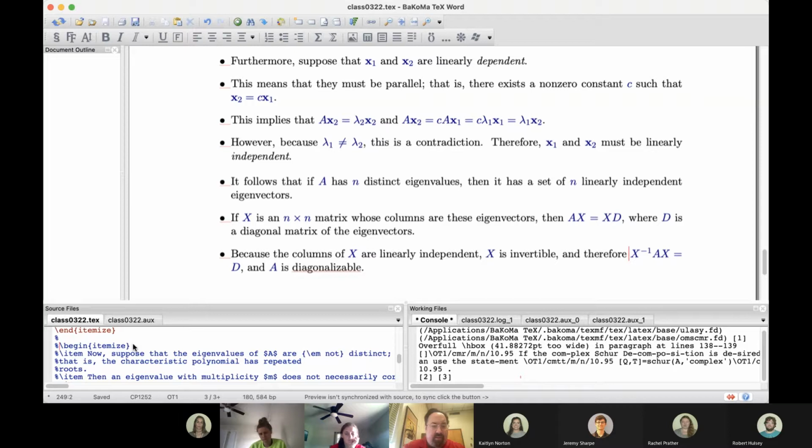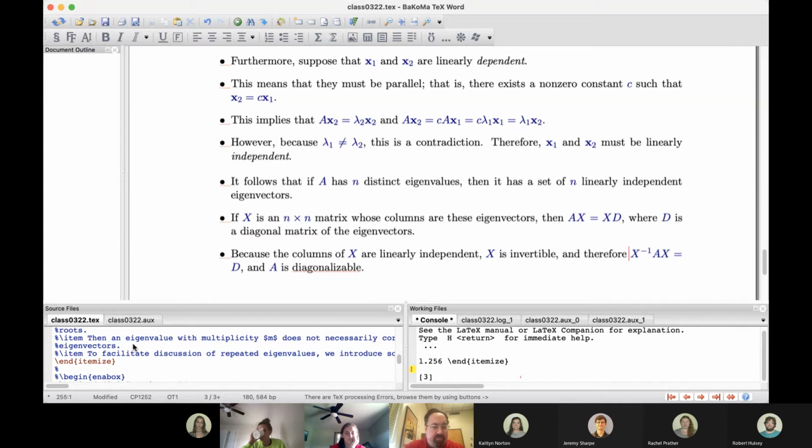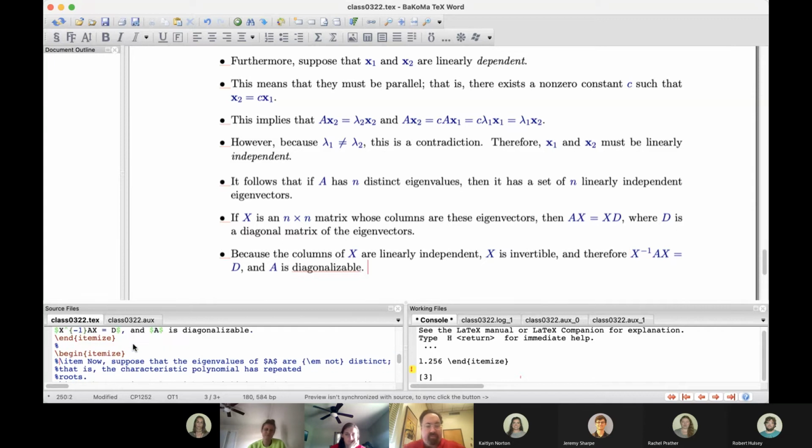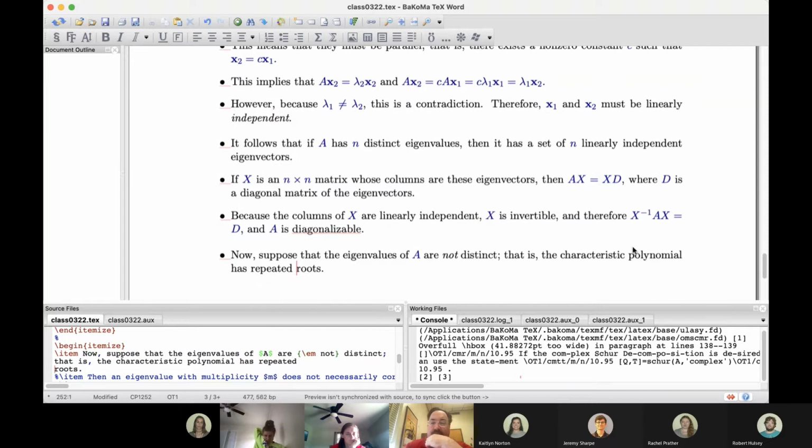So what if the eigenvalues are not all distinct? What if we have a repetition? In other words, the characteristic polynomial, whose roots are the eigenvalues, has repeated roots.